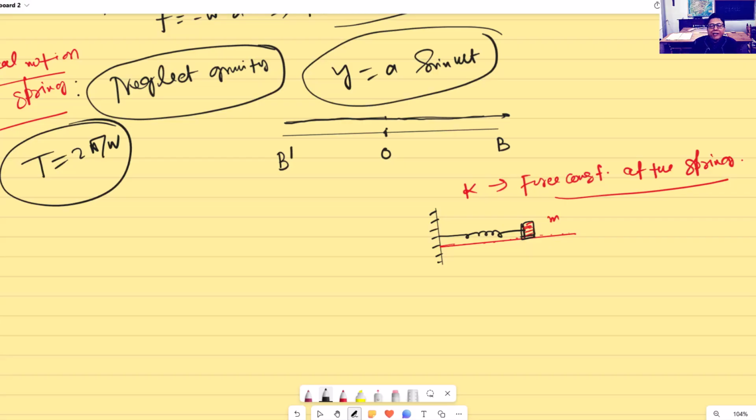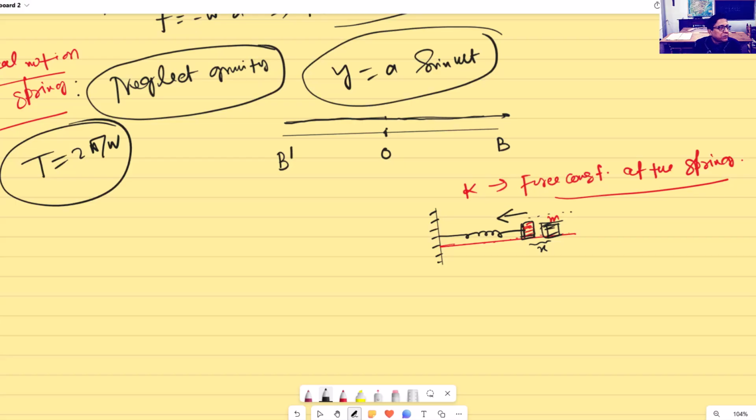We pull aside or we compress the spring. If we take the mass towards the right, if we move it towards the right by a distance x, then what is the restoring force developed here?